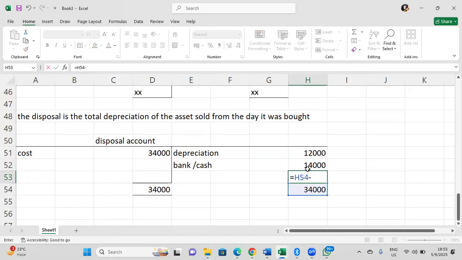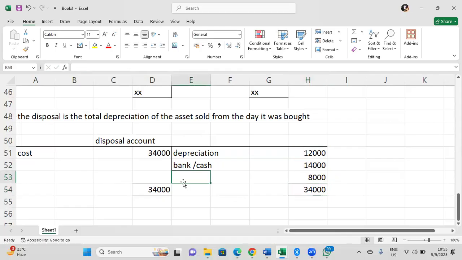In this case, that difference is a loss on disposal, or loss on sale. So this would be a balancing figure. The loss would be a balancing figure.